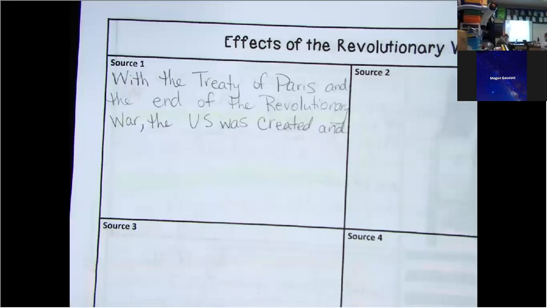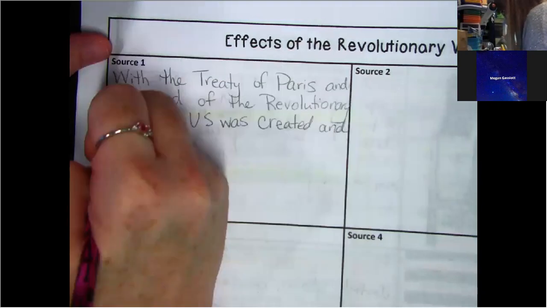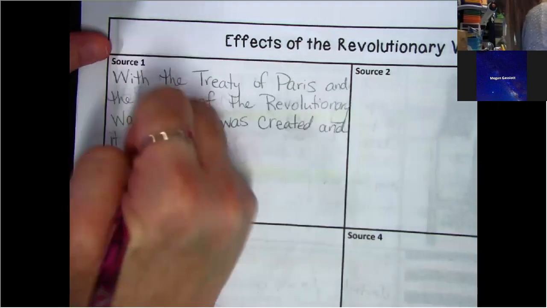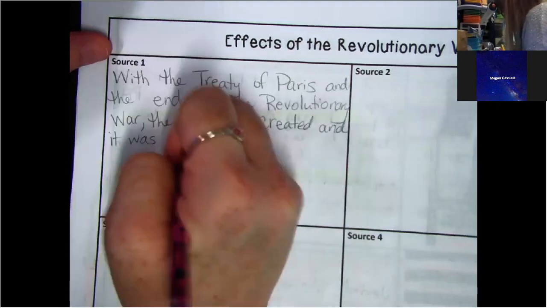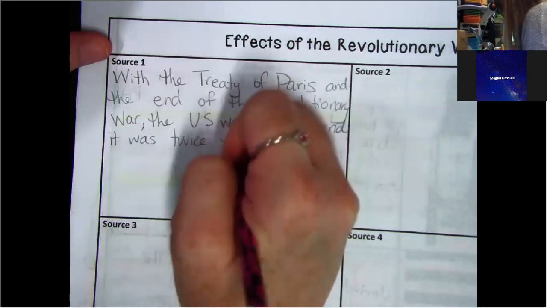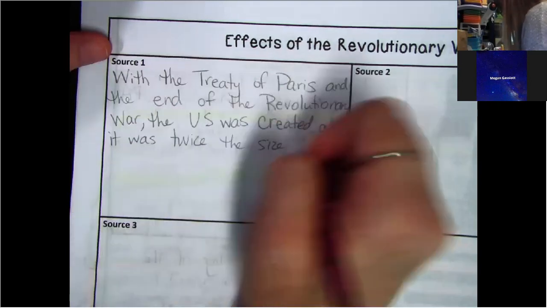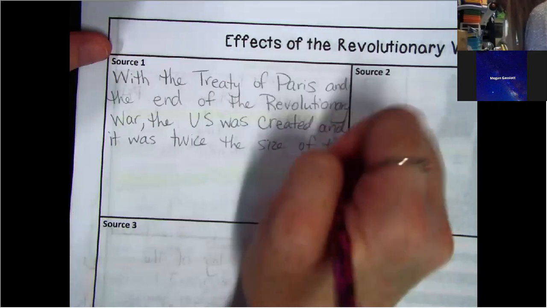Was it the same size as the original 13 colonies? No. What was it in relation? Bigger? How much bigger? It doubled? There you go. The U.S. was created and it was twice the size of the 13 colonies.